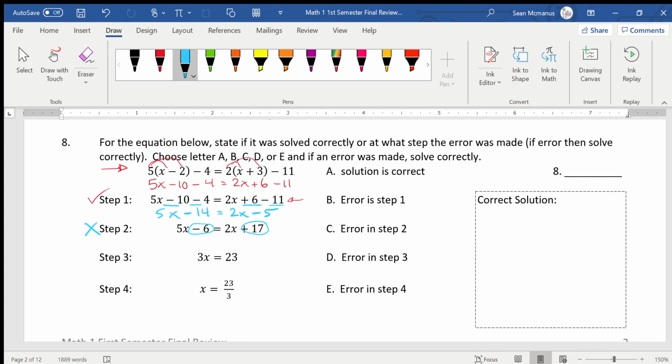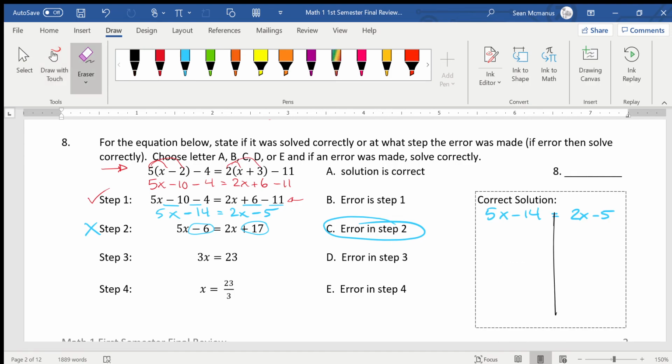So I would answer the question, where is the error? The error is in step 2. And then it asked me to correct it. So I feel pretty good about what I did up to that point. So I'm going to write that over there, and then I'm just going to solve it. So let's do it this way.